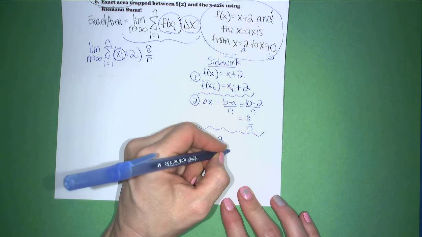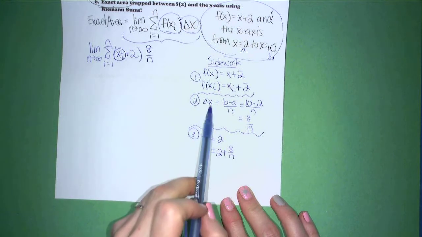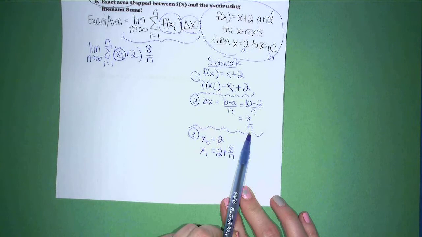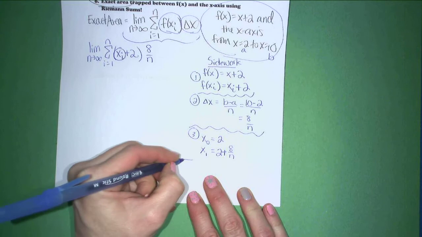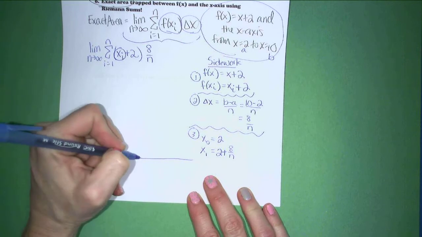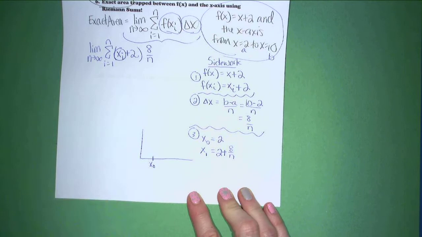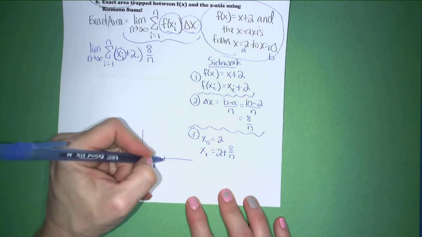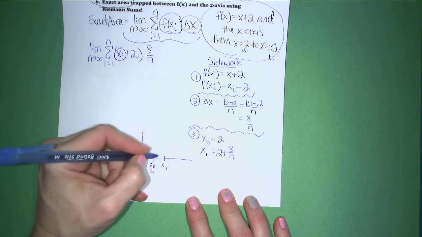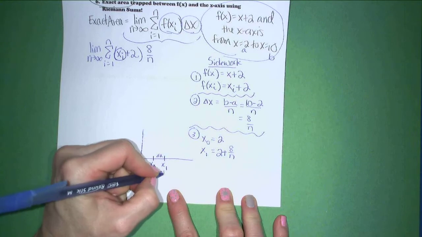Add 8 over n, because our delta x in this example is 8 over n. If you think about the x-axis, if you're starting at your x sub 0, which is also your a value, then to kick over to x sub 1, you simply add a delta x. So this puts you at a plus delta x.